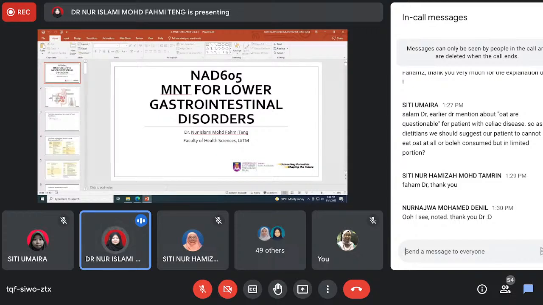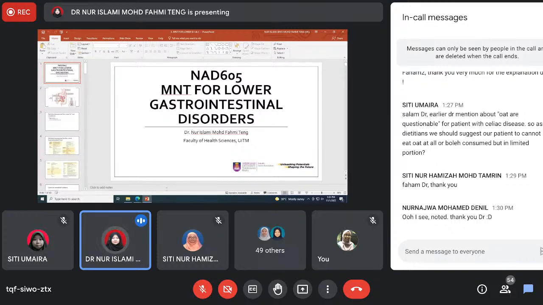Ini apa soalan ni, oats for celiac disease ya. Okay. So for celiac disease ni, kenapa kita kata oats is questionable? Because oats ni kita kena tengok oats yang memang ada label gluten free.